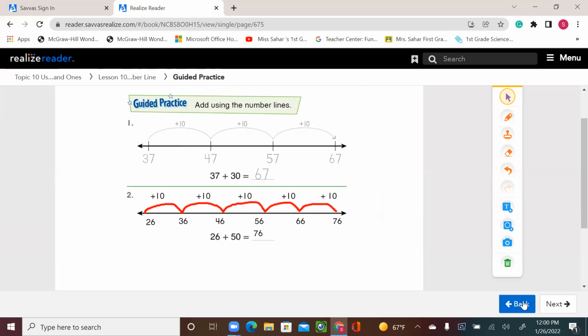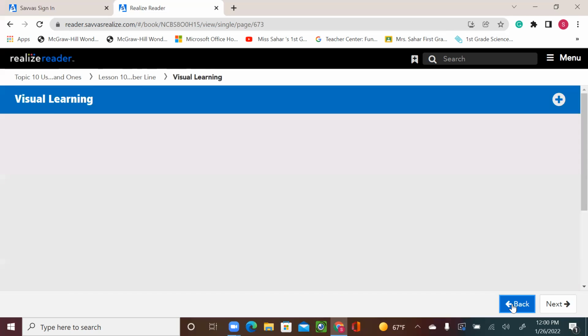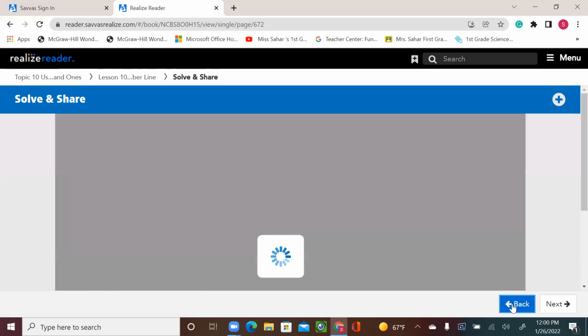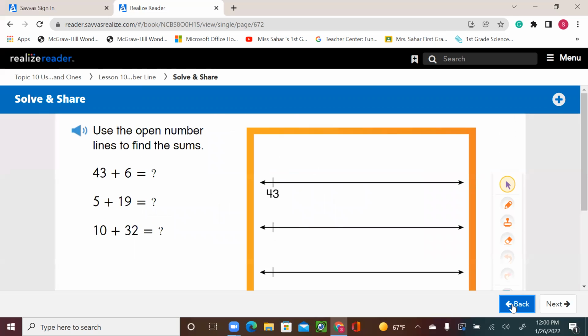All right, let's go back to our first exercise in your book, page 413, and answer that question. We have 3 questions here. Use the open number lines to find the sums. 43 plus 6, 5 plus 19, 10 plus 32.